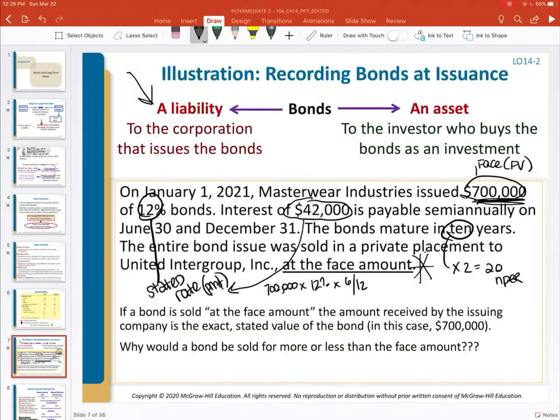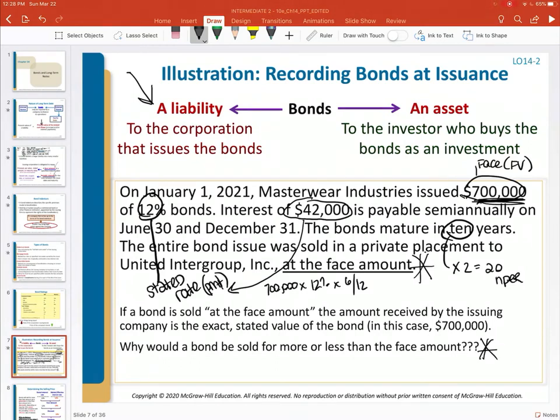So now, let's think a little bit more about the fact that this bond was issued at its face amount. So what we said was the bond was issued at the exact amount that is stated in the bond contract, $700,000. Let's think about this question for a second. Why would a bond be sold for more or less than the face amount?